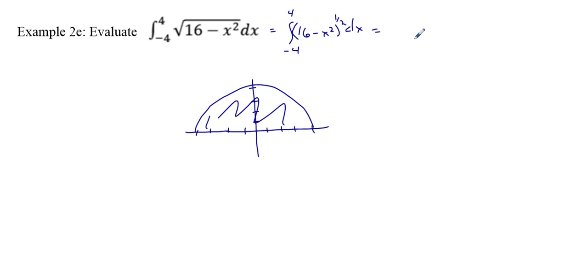So just write it out. 1/2 pi, radius is 4 squared. What is 16 divided by 2? 8 pi. There we go. So this is kind of a trick one where we can't anti-derive this analytically. We have to think about this graphically. Find the area. They mean the same thing.